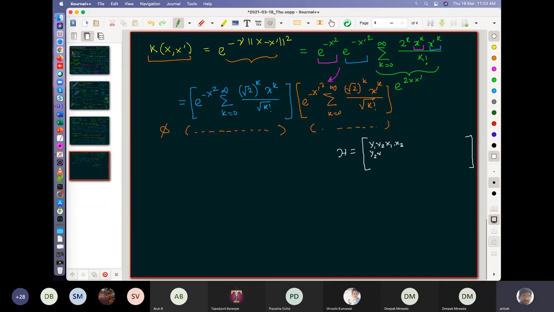Similarly, y1, y1, x1 dot x1, y2, y1, x2 dot x1, y3, y1, x3 dot x1. Every other term you can also think. You can think of y1, yk, x1 dot xk, and so on, y2, yk, x2 dot xk, and so on.